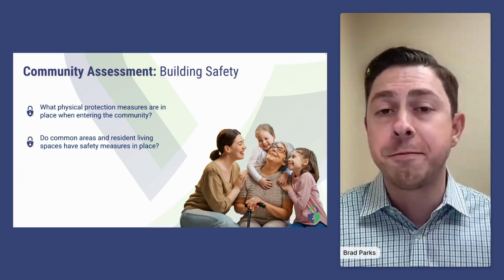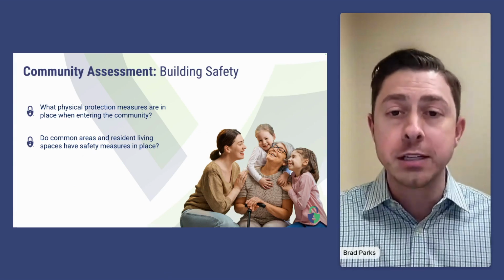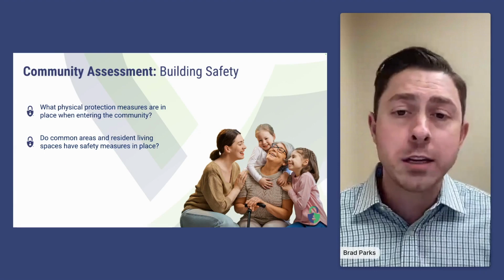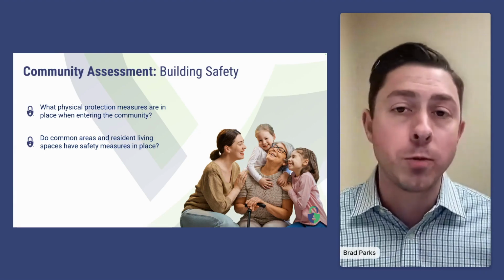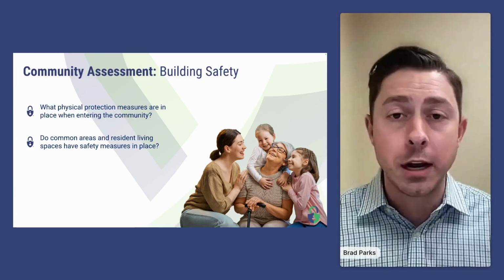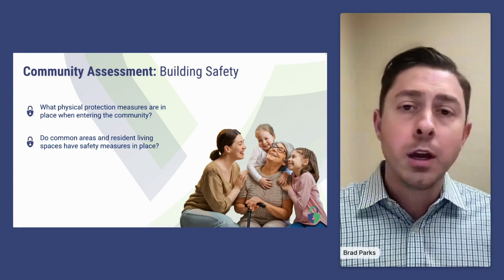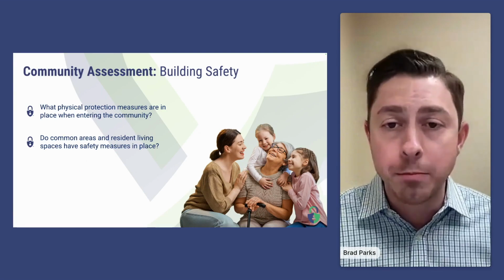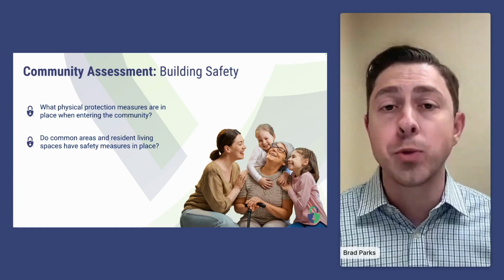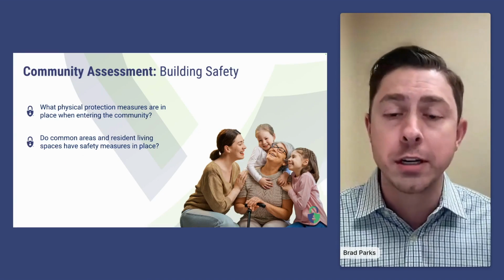For example, do you have fall monitors in place, or do you have a physical staff presence in common areas while residents are also present? Of course, that can depend on the care type for residents, whether it's independent living, assisted living, or memory care spaces. Another item to consider here is what kind of grab bars, railings, or wheelchair accessibility is in place throughout the community, common spaces, and residents' living quarters and rooms.